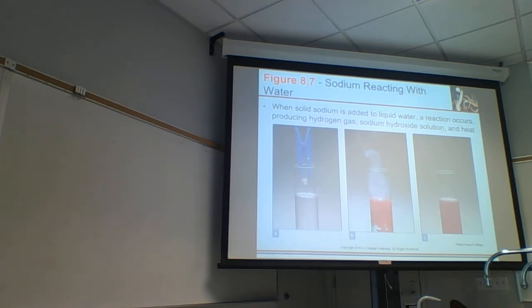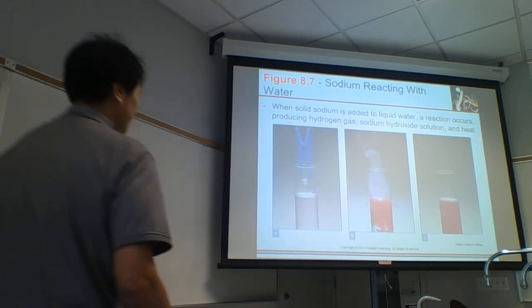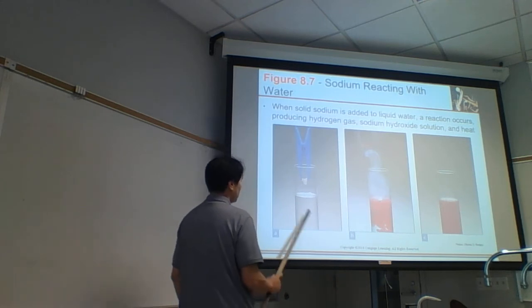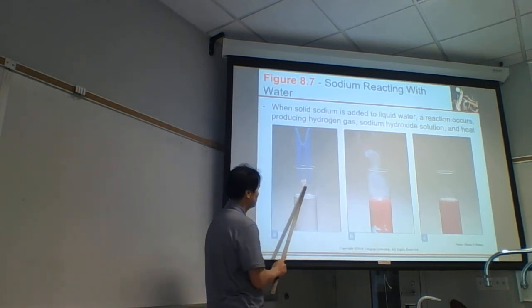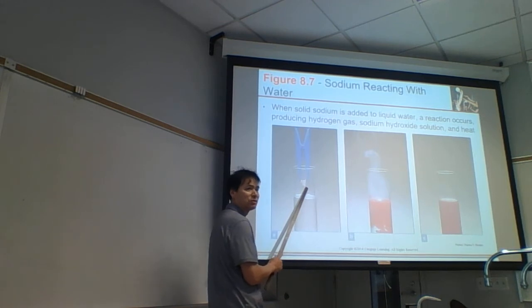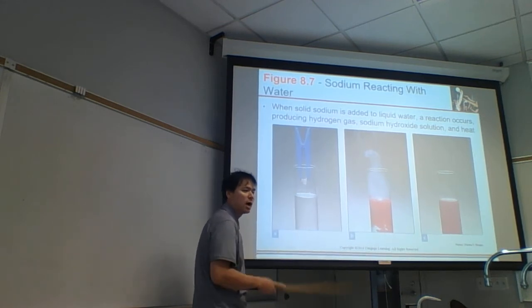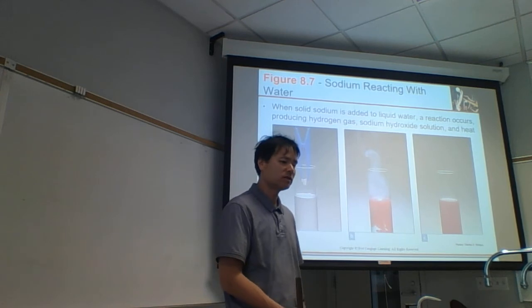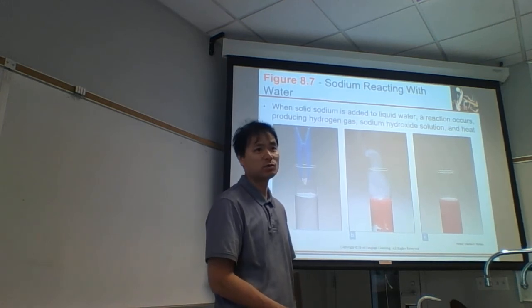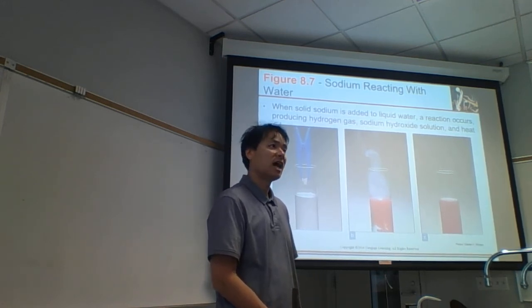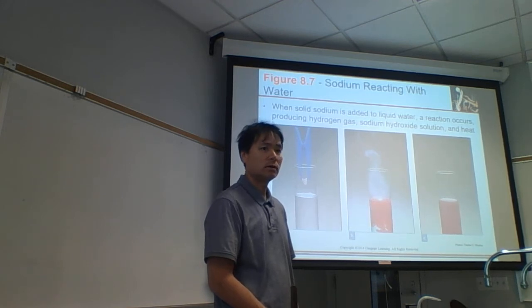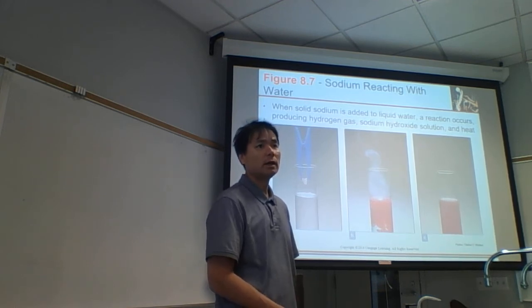We saw sodium metal. So is sodium metal stable or unstable? Unstable. It's totally unstable. This is a piece of sodium. You can see it just looks like a regular metal. You don't want to touch it with your fingers. What happens if you touch it with your fingers? If your fingers are dry, it'll just start to burn. If your fingers are wet, let's say you have some sweat, it's going to start to react with the water or the moisture, and it's going to get hot, and it's going to melt the sodium.